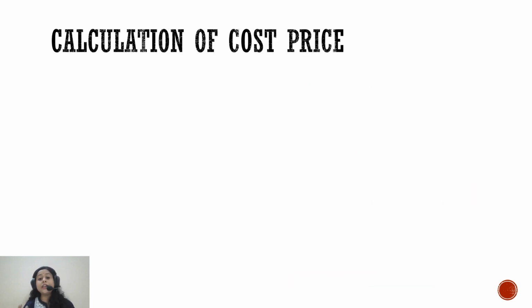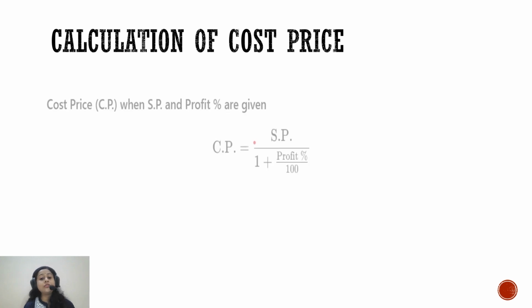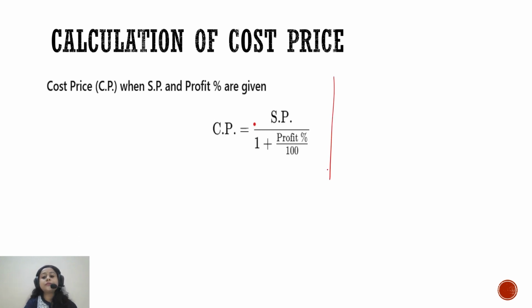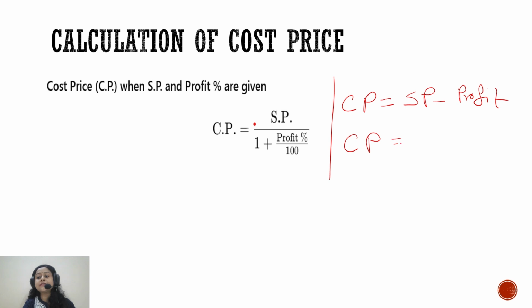Same, given the selling price and profit or loss, we can also find out the cost price. When it is in absolute terms, cost price is selling price minus profit, and when loss is given, cost price is selling price plus loss. This is in absolute terms.